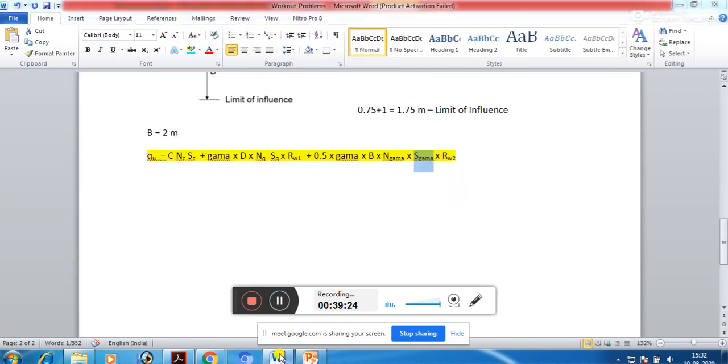So this equation becomes a little simpler, and it is going back to Terzaghi's basic equation. Until now it hasn't become Terzaghi's basic equation.